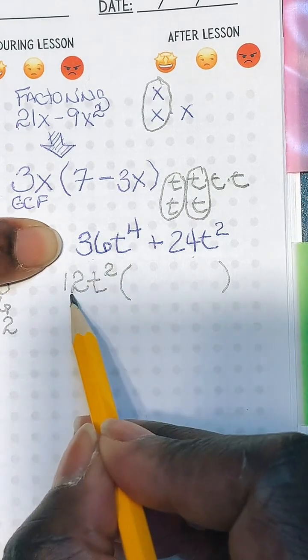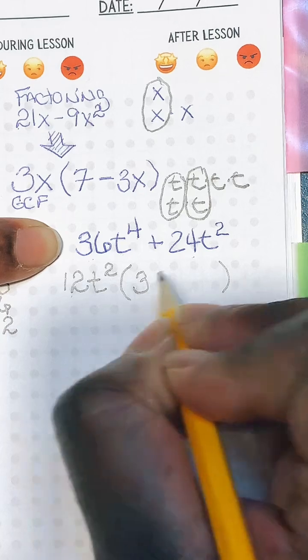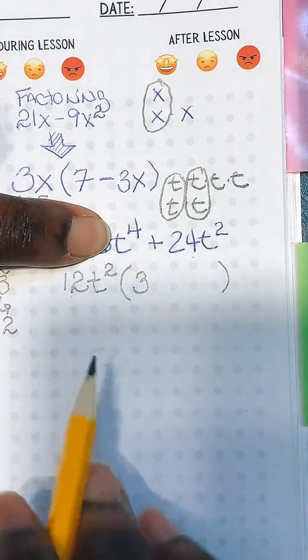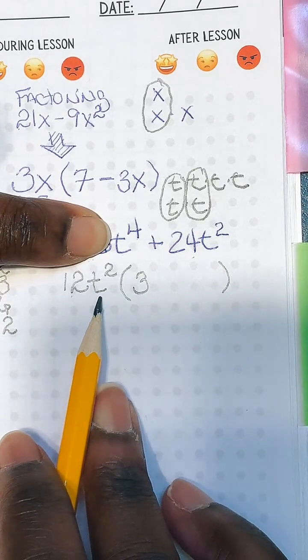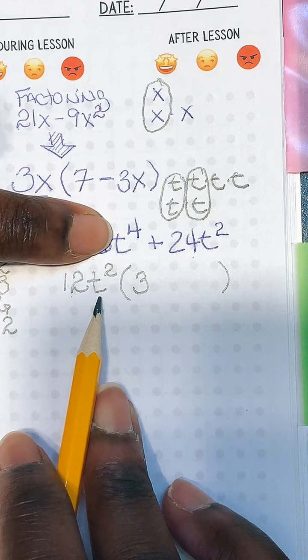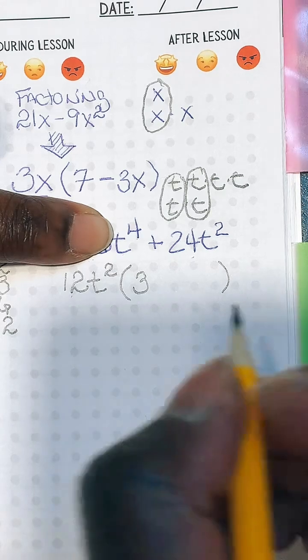So 36 divided by 12, that gives me my 3. Now, we have 4 t's here. We take 2 t's out. How many t's are left? If we started off with 4, we take 2 out. Yes. So we have 2 t's left.